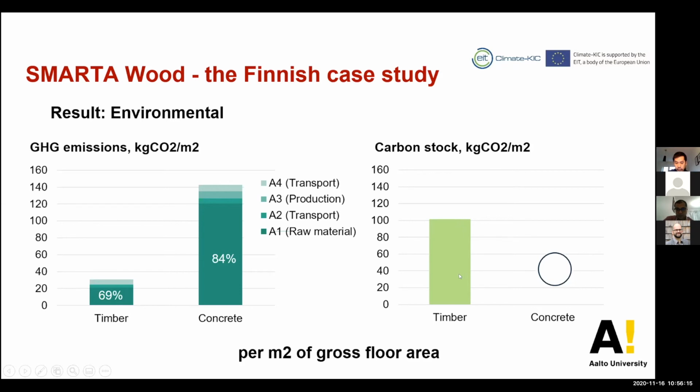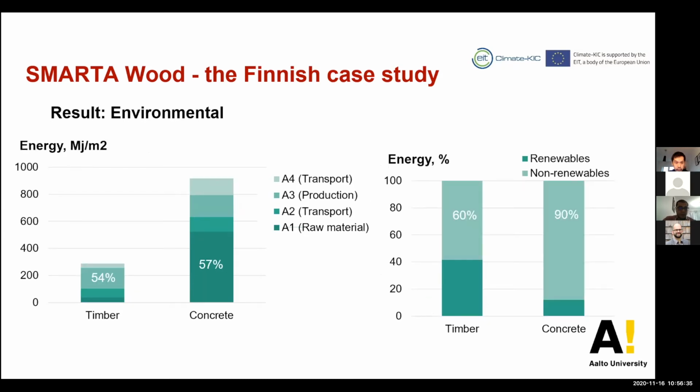Carbon is stored, and if we deduct this value from here, we find about 70 kilograms of carbon per square meter is the carbon balance for these buildings. This is also an environmental indicator. It's energy per square meter.